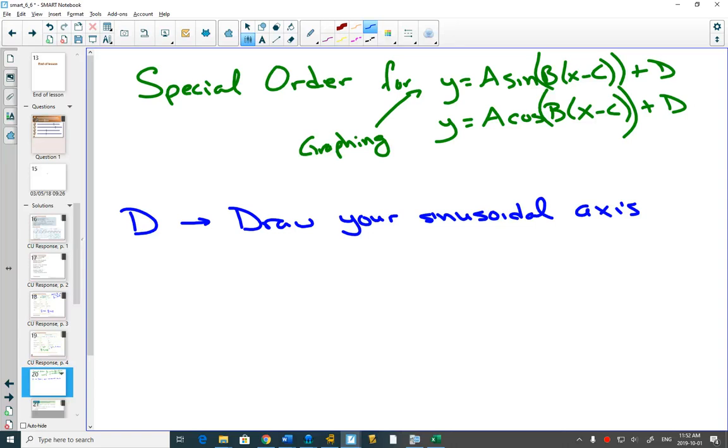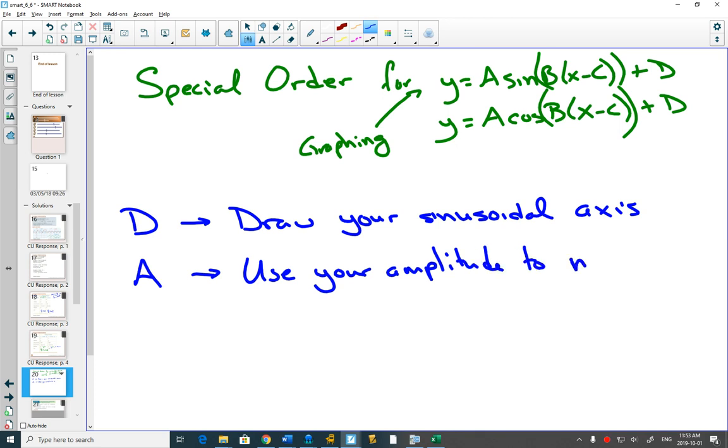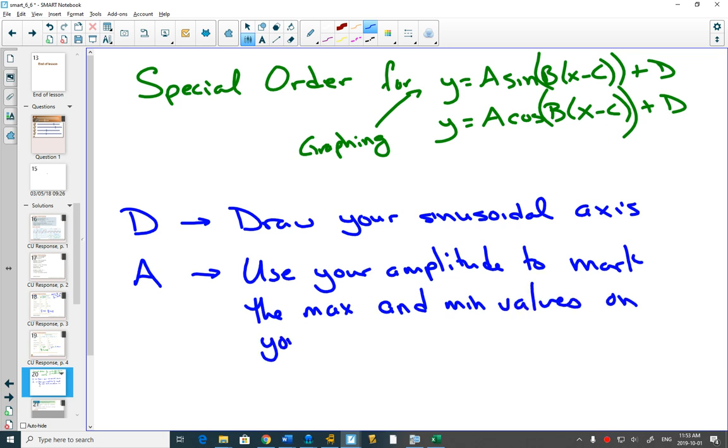After dealing with your d value, you're going to use your amplitude to mark your max and min values on your y-axis.